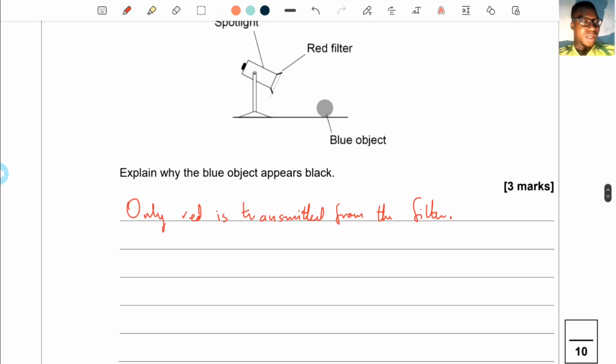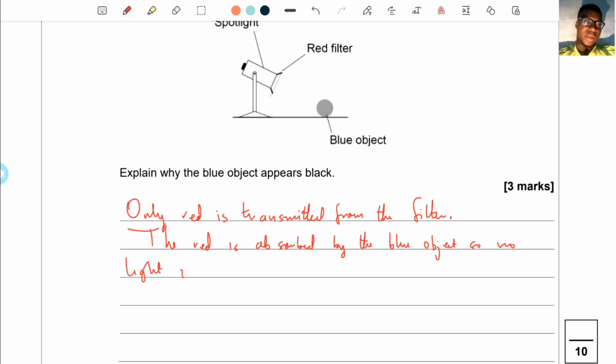Now about the absorption, we can say that the red is absorbed by the blue object. So no light is reflected by the blue object. All right, so guys, that's that for that.